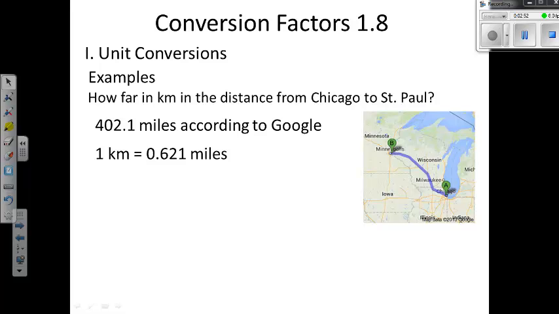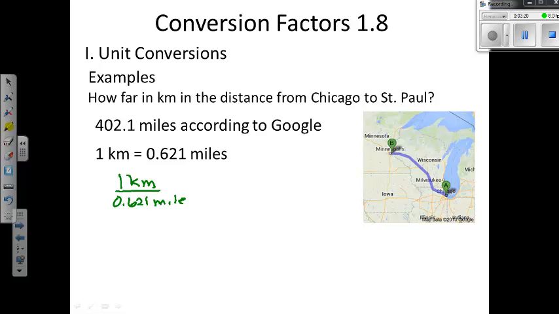And I know that 1 kilometer is 0.621 miles. I got that from my conversion table. So how do I convert the units? Well, I know I want my answer in kilometers, so I'm going to put 1 kilometer on top here, and my conversion for 1 kilometer is 0.621 miles. I start out like this because I know where I want to end up.